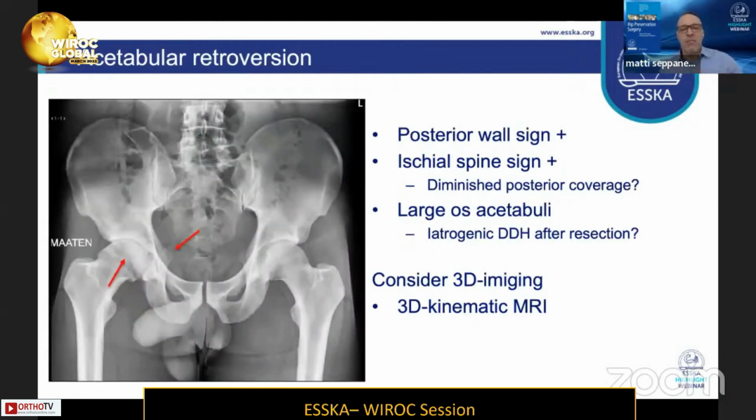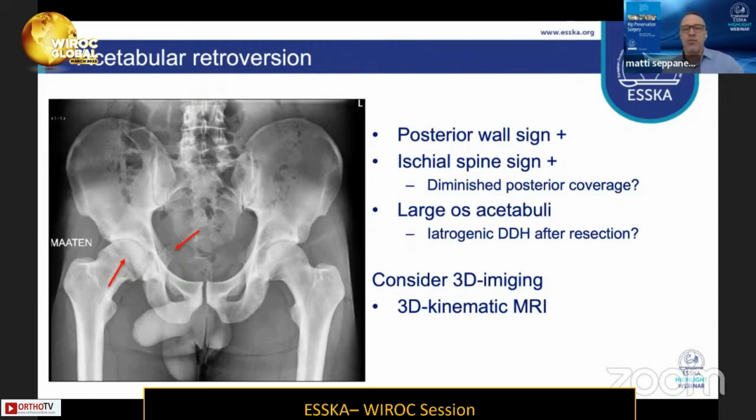I think the main issue when you think about rim trimming is to locate your problem. The standing AP pelvis X-ray is probably one of the most important imaging studies you have to do preoperatively.